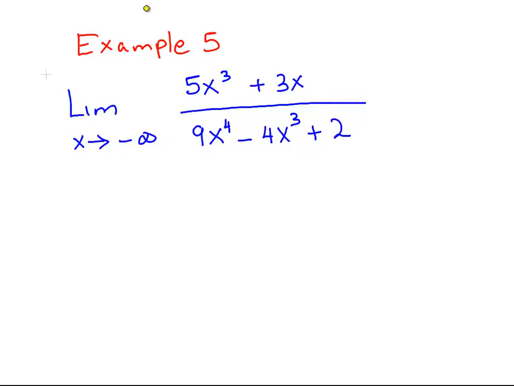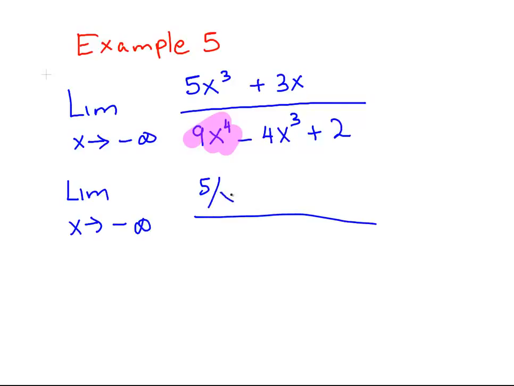What we're going to do here is divide by powers. The highest power is x to the power of 4. So what we get, limit as x goes to minus infinity: 5x cubed divided by x to the 4 is 5 over x plus 3 over x cubed. 9x to the power of 4 divided by x to the power of 4 is just 9.